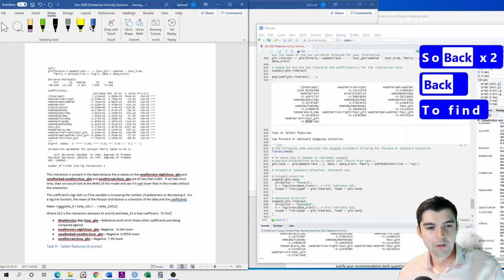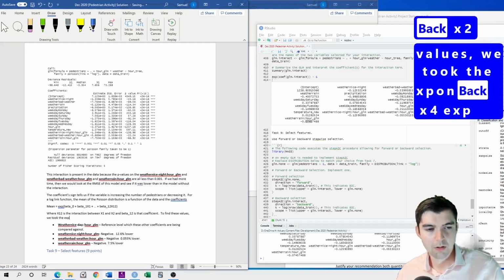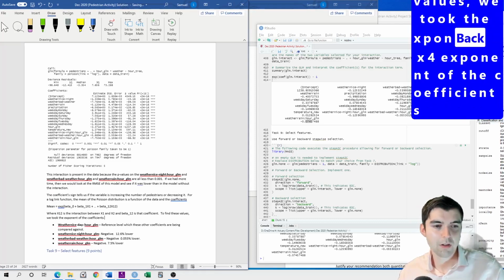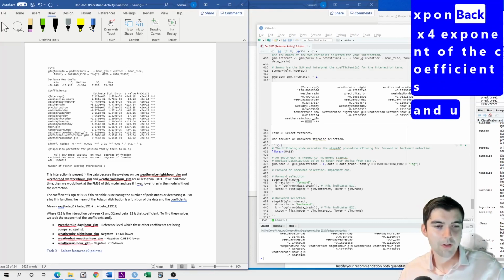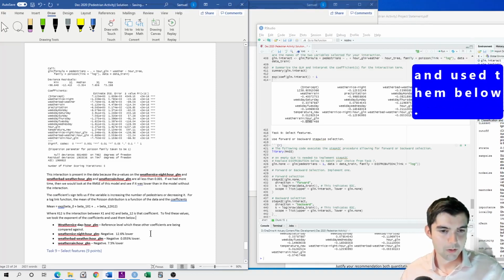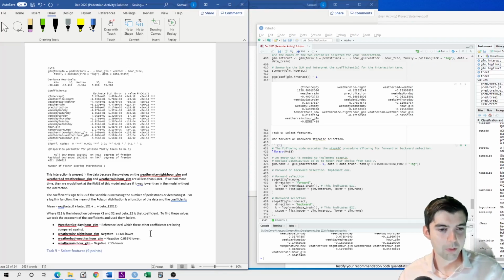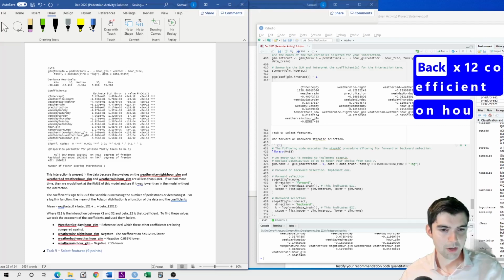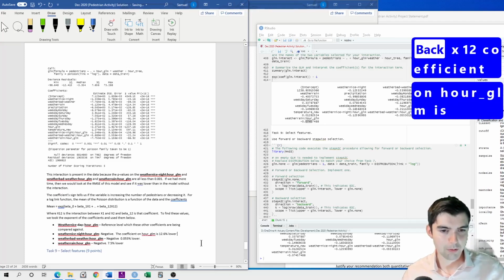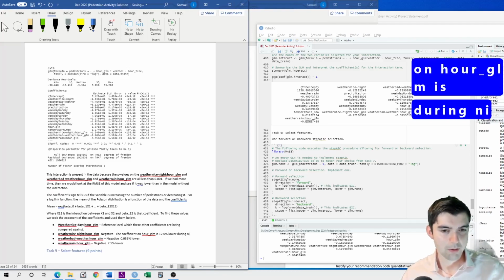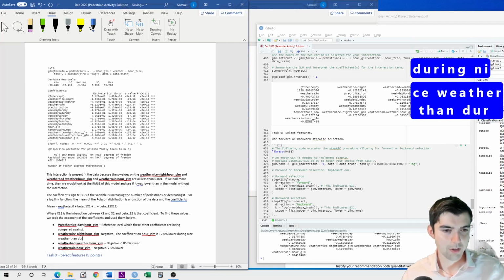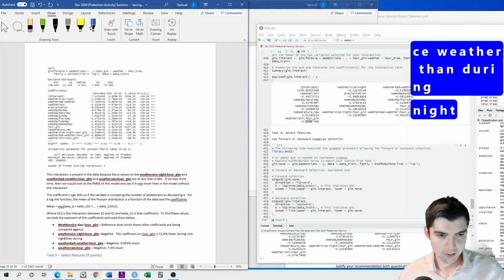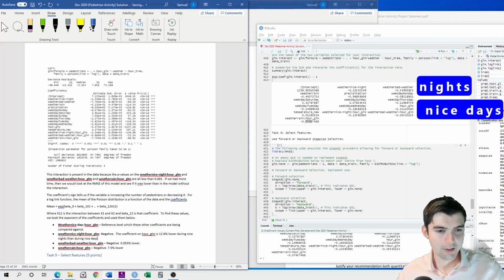So to find these values, we took the exponent of the coefficients and used them below. So this is 12.6% lower. This is the slope of nice night: the coefficient on our GLM is 12.6% lower during nice nights than during nice days.